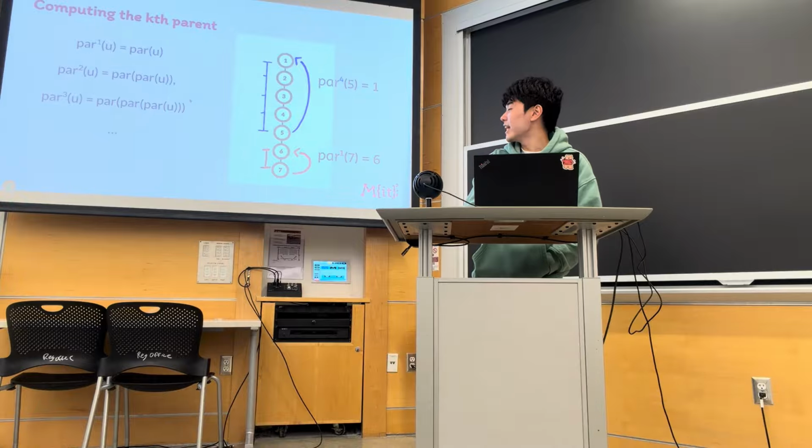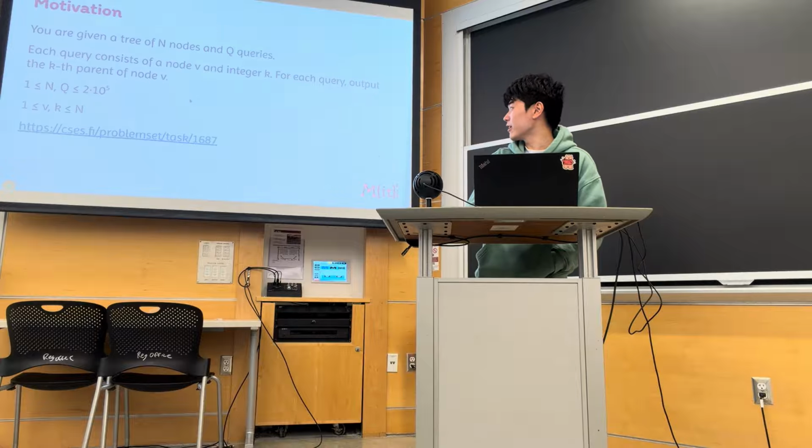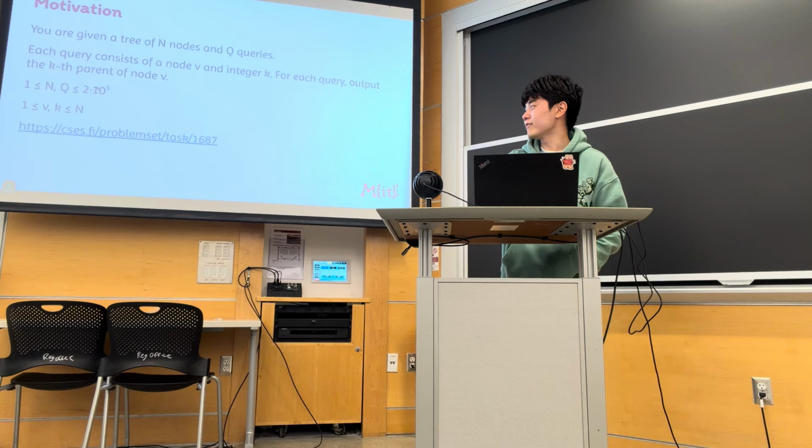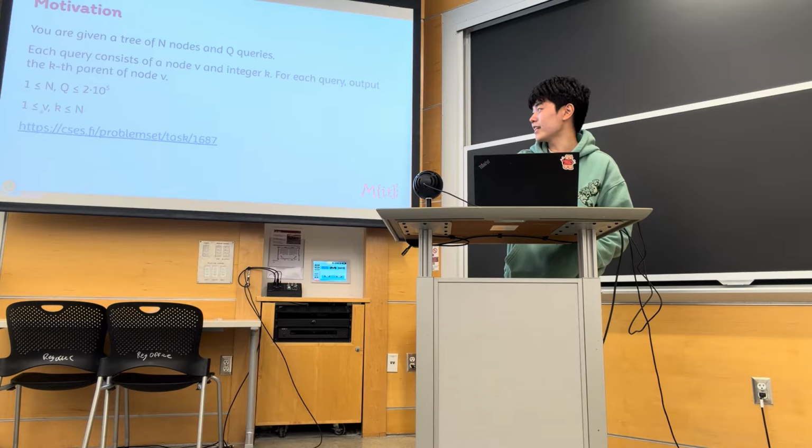However, if we just did this, it would be O of k per query, and k is less than or equal to n, which is less than or equal to 2e5. And there are also 2e5 queries. So if we just compose the parent function on node v k times, we get n times q complexity, which is kind of slow.